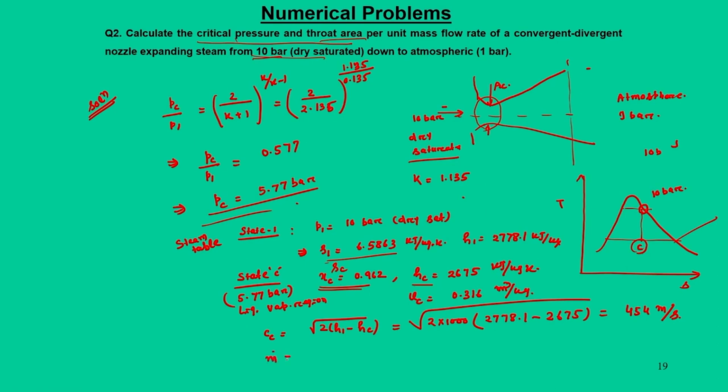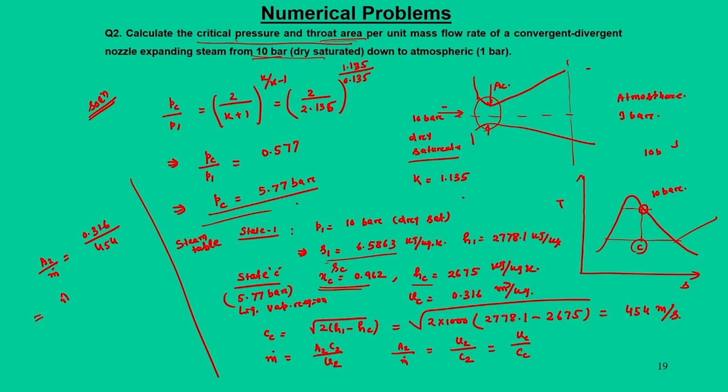Then we have m dot is equal to A2 C2 by V2. Our expression, what is asked, is the throat area per unit mass flow rate, that is A2 by m dot is equal to V2 by C2 or Vc by Cc. So, A2 by m dot would be Vc is 0.316, Cc is 454.